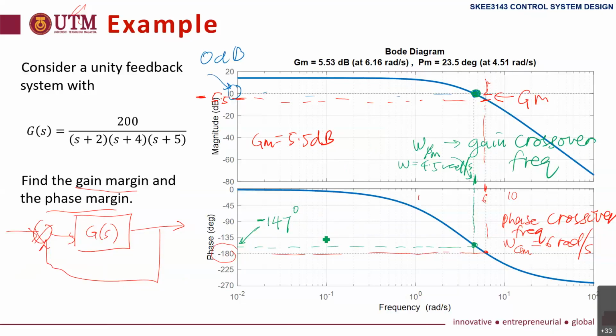Therefore, phase margin is 180 degrees minus 147 degrees, because phase margin is the difference between 180 degrees and this angle. So about 23 degrees phase margin.